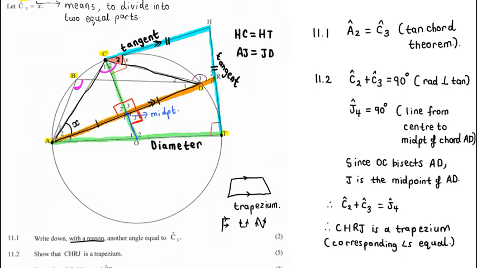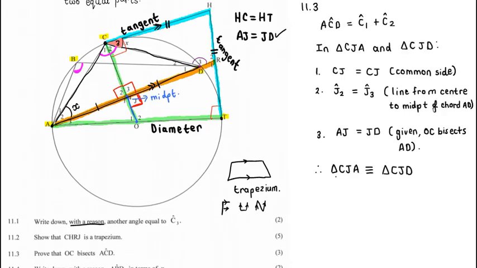Right, so let's just write that down and check that the angles are actually equal. In the first triangle, this is angle C1, and then this is angle J2. This is then angle A2. I'm going to move these numbers now.